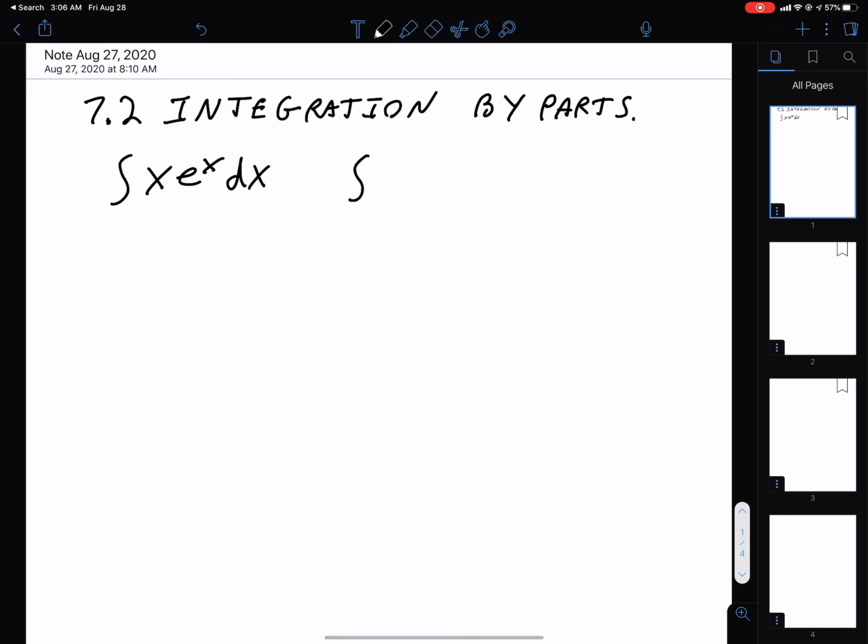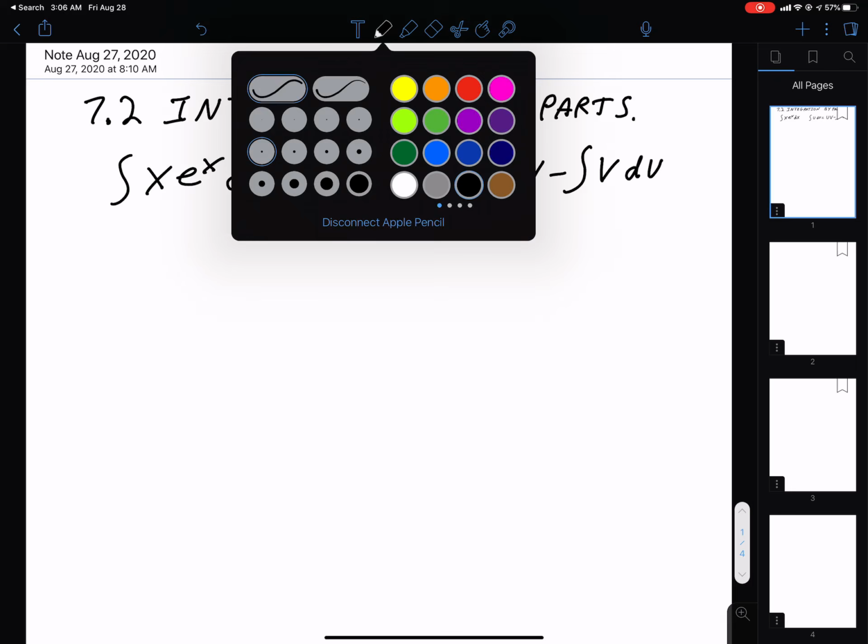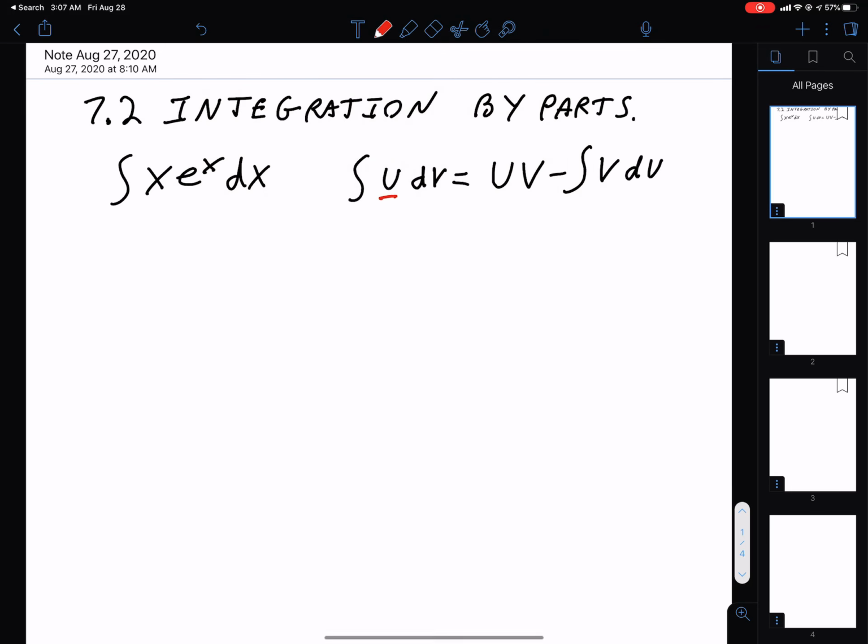The integral of u dv, we call it ultraviolet voodoo, is uv minus the integral of v du. So what we have to do in this problem is we have to pick a u and a dv. So the dv is going to have the dx part of it. It's going to be in differential form.